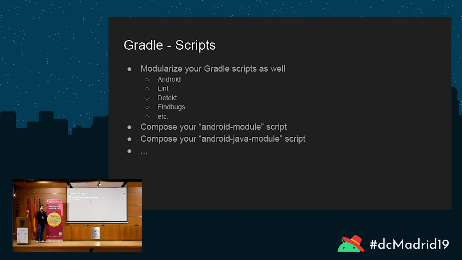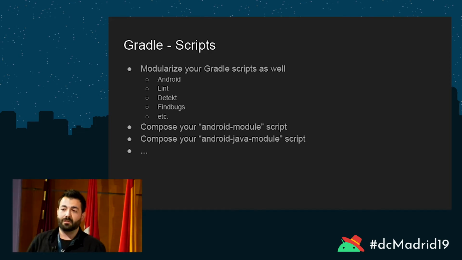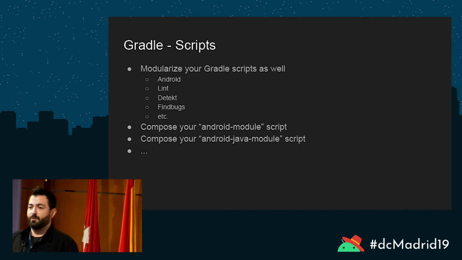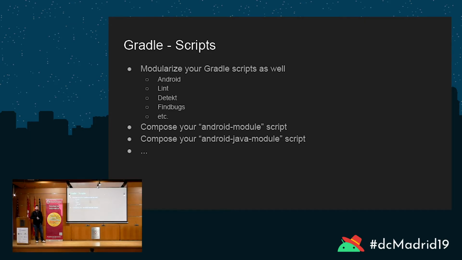You can have lint as a separate one, and detekt, and FindBugs, or whatsoever, right? And then you can compose your scripts into one single one, which is Android module, let's say. Then you can make sure that whoever uses Android module comes up with all this scripting, tooling, etc. You can also have an Android Java module if you still have Java modules, and you can just attach them as well, because Kotlin is by default, right?